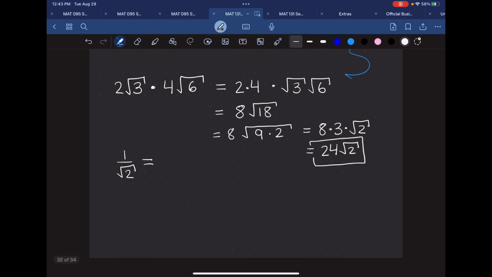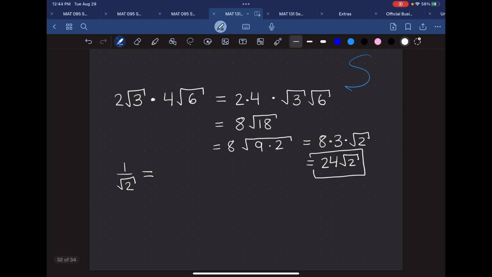All right, now I have this 1 over square root 2, and we're going to do what's called rationalizing. And we're going to try to make sure that we don't have any square roots in the denominator. We want all of the square roots, if we have any, to be in the numerator.